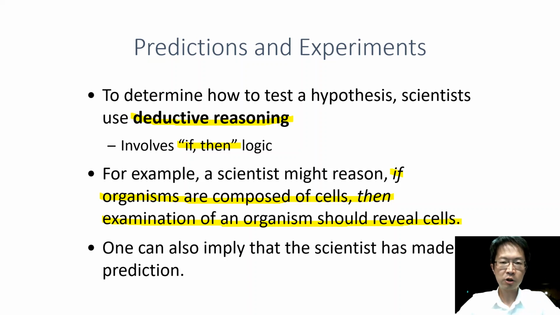So let's go back to our previous example, earthworm and raining. How do we design an experiment to test the hypothesis? Remember, our hypothesis is that earthworms move better in wet conditions. So how do we test it? We can say that if we put an earthworm on a wet table, then the earthworm moves a longer distance.